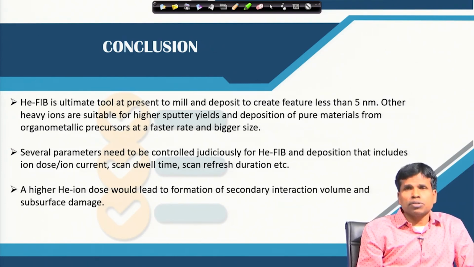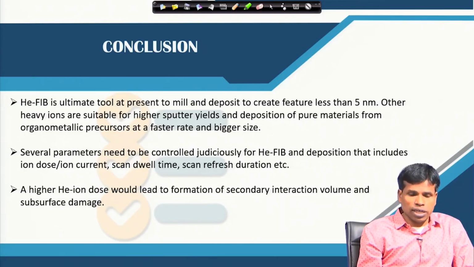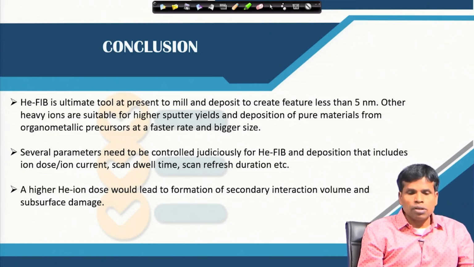For the creation of the structure, different parameters can be varied judiciously, so that you are able to create the shape and size you desire. A higher dose would lead to formation of a secondary interaction volume or sputter volume, and can also create surface damage. Those have to be taken care of while doing this fabrication using the helium ion microscope.